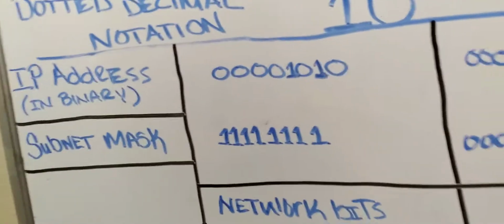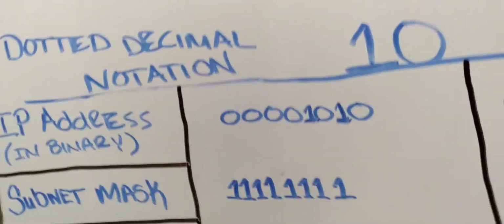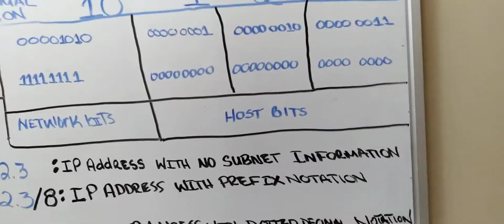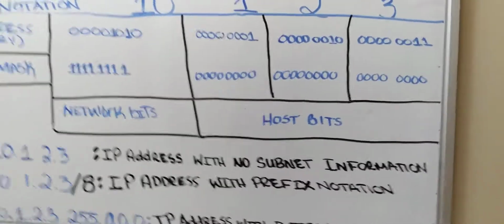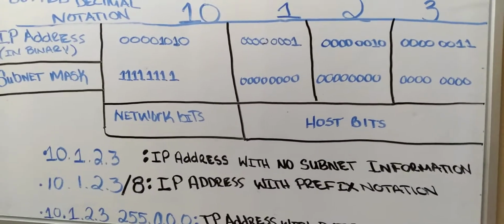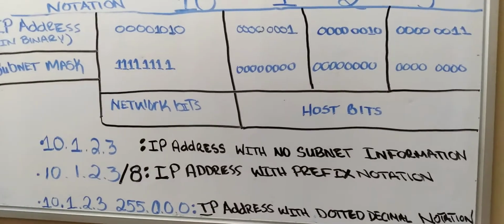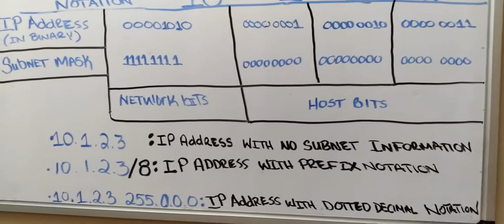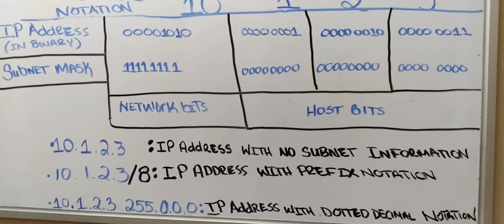They're going to have consecutive ones followed by consecutive zeros. We will not have a subnet mask of 1101 1001. So no, it's not going to be a mixture at all. It's going to be ones followed by zeros.